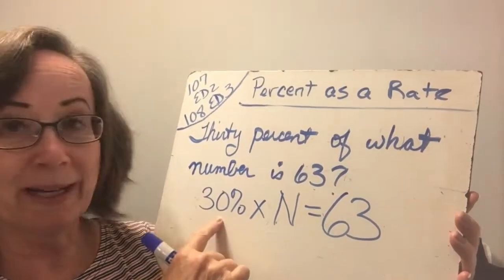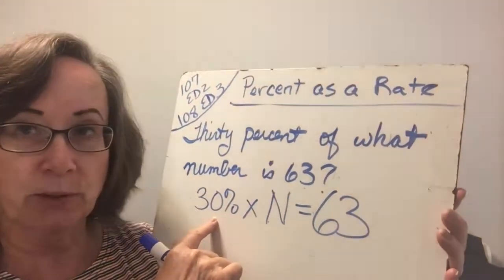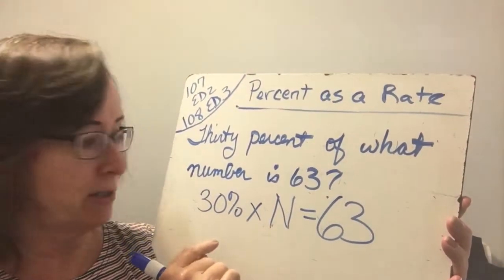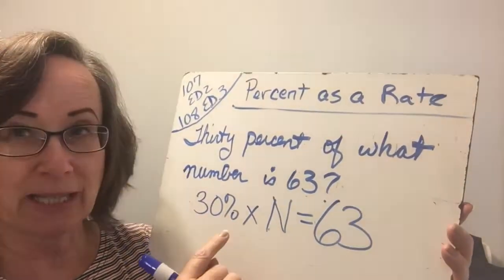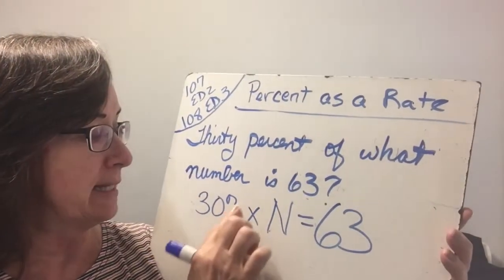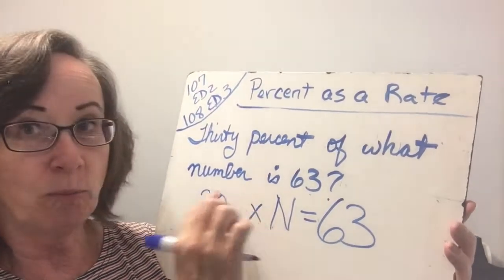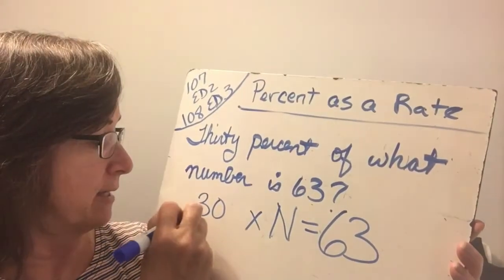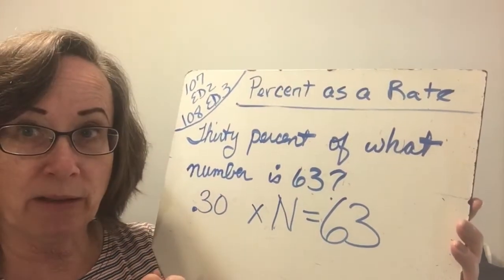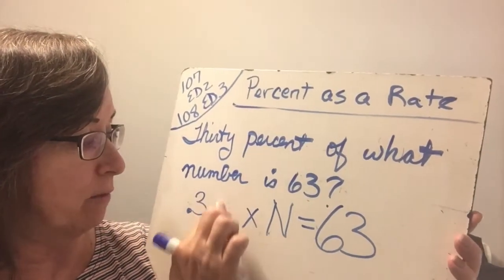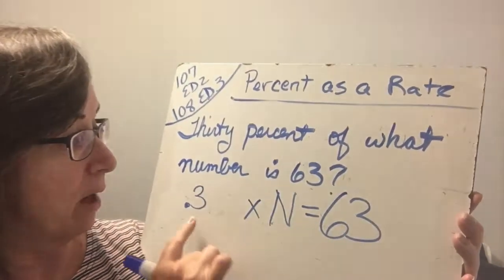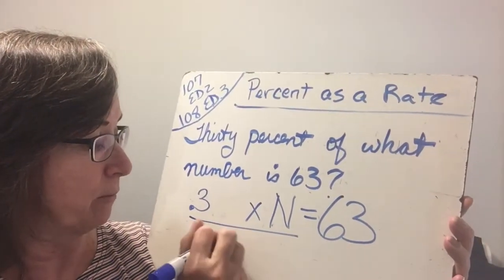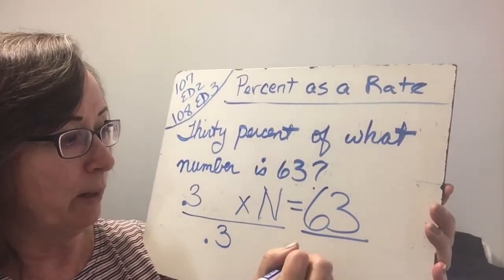So now we're trying to get rid of the 30%. So why don't we just go ahead and write it first as a decimal. So 30%, remember to take off the percent sign, we move the decimal 2 places to the left. So 30% is 0.3. So now all we have to do is divide both sides of the equation by 0.3.